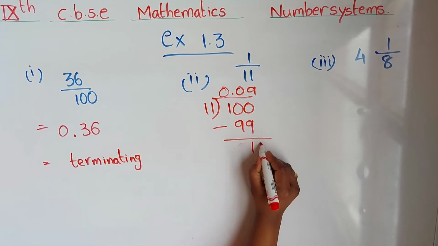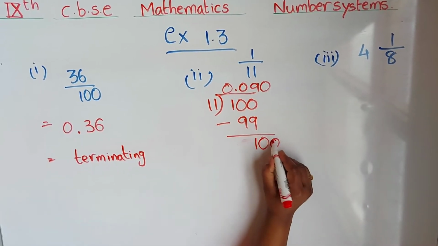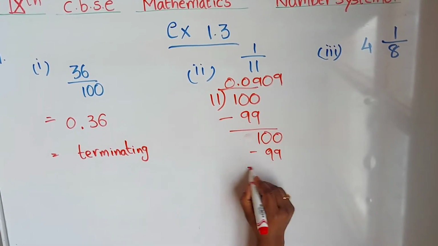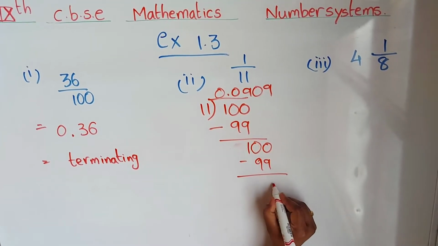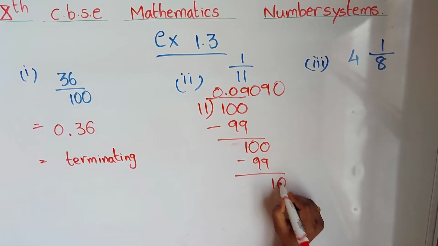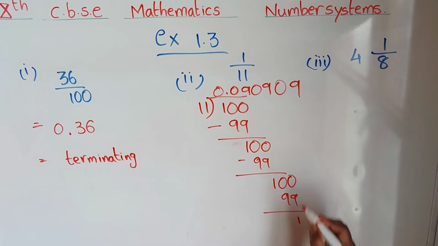Same process again, 0, 11 nines are 99, again remainder 1.